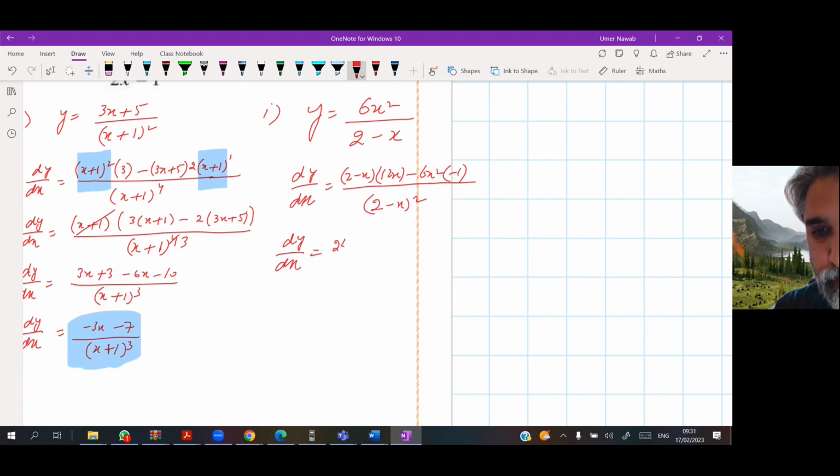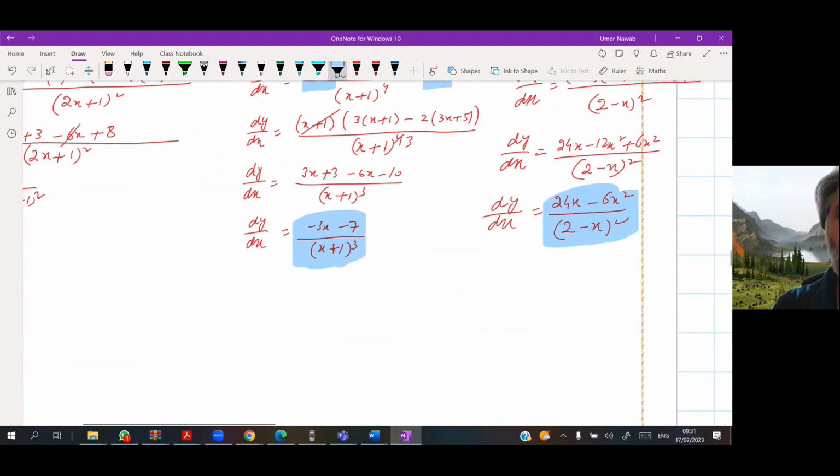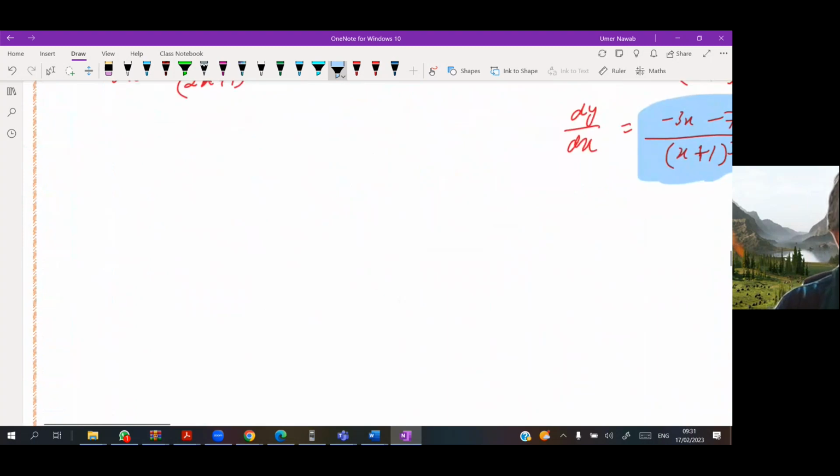Open the brackets. I have 24x. I think it's better to leave it here. I part is done. Now I'm going to go to the J part.